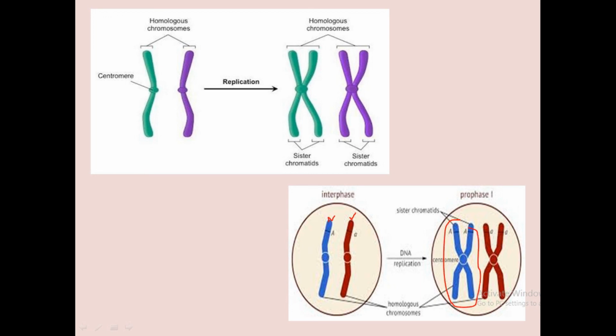The color signifies that the blue, after replication, is a double strand, and here the brown, from this brown we got this brown, and these two are sister chromatids, and these are non-sister chromatids.